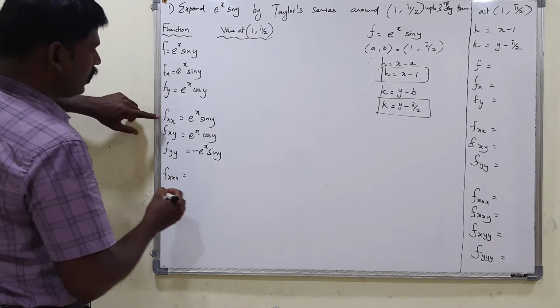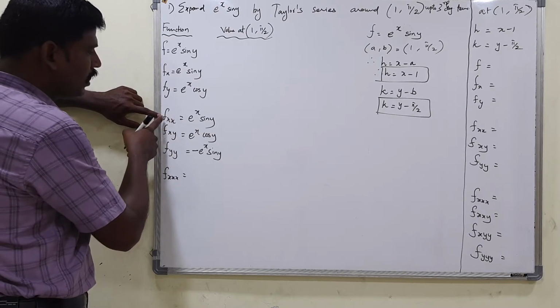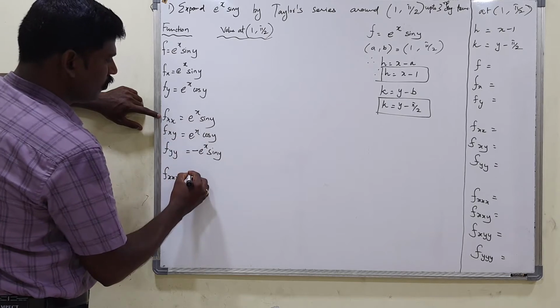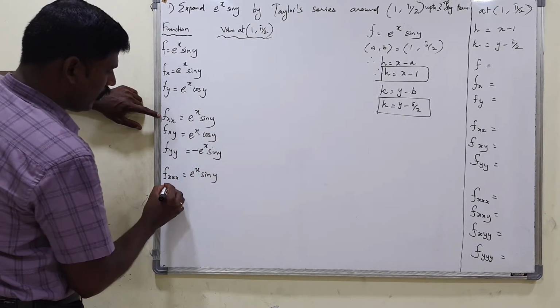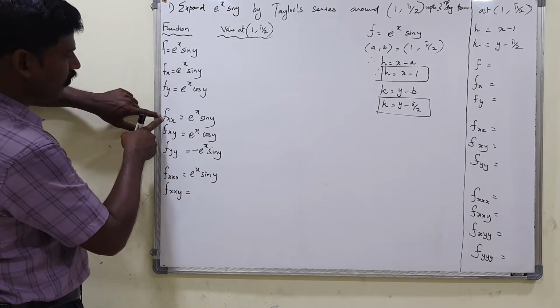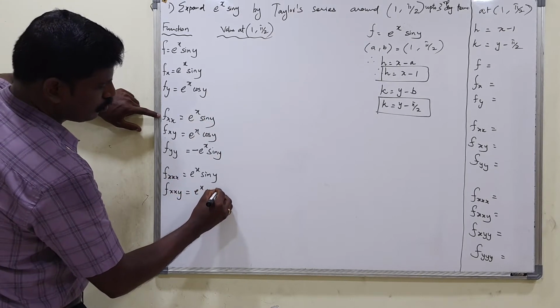What is f triple x? Now, the derivative of f double x with respect to x is f triple x. So the partial derivative with respect to x is the same, e^x sin y. And then f double x y: f double x with respect to y, sin y becomes cos y, e^x cos y.